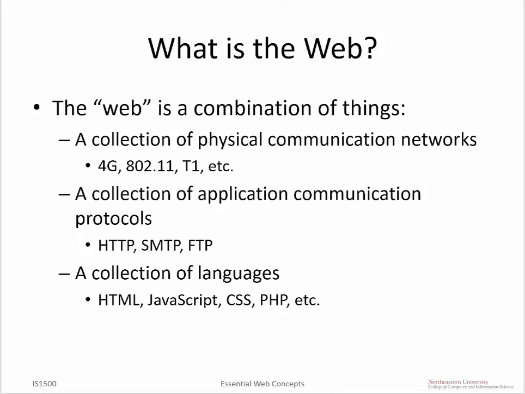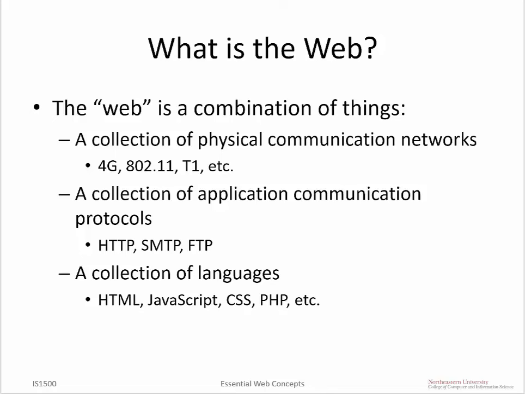Then of course is a collection of application communication protocols that determine how the browser communicates with the web server. That includes communication protocols like HTTP for loading web pages, SMTP for doing email transfer, and FTP for doing file transfer.